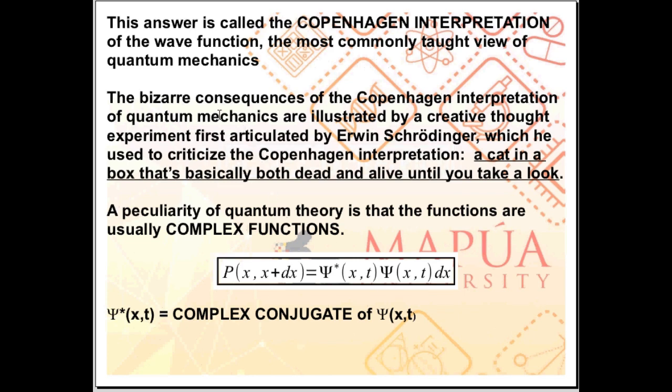The bizarre consequences of the Copenhagen interpretation of quantum mechanics were criticized by Erwin Schrödinger. Schrödinger criticized the Copenhagen interpretation using his famous cat in the box thought experiment.